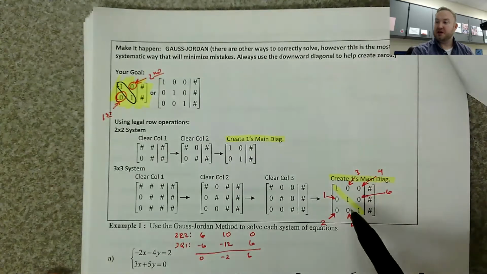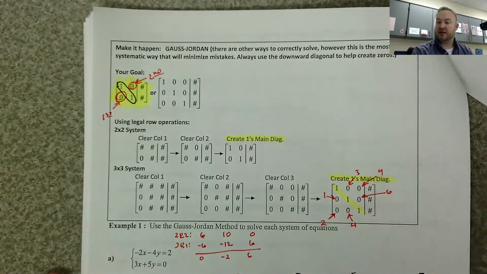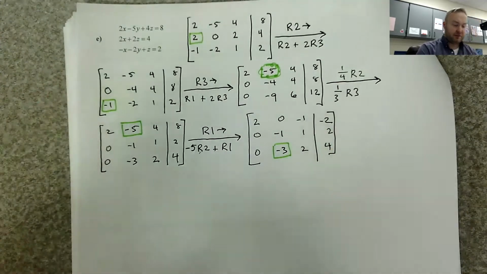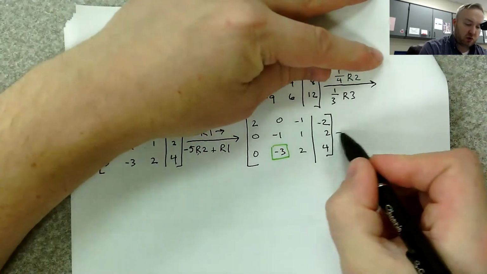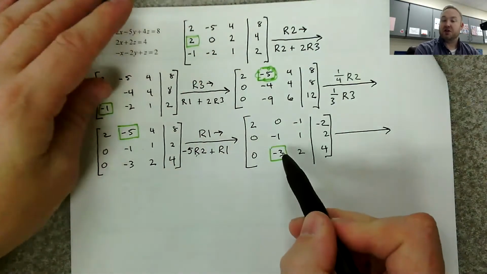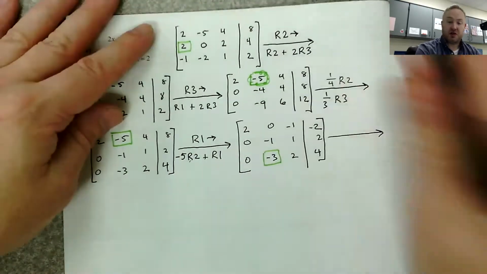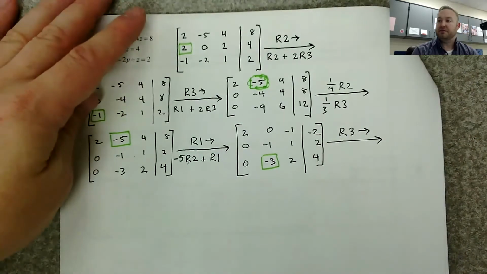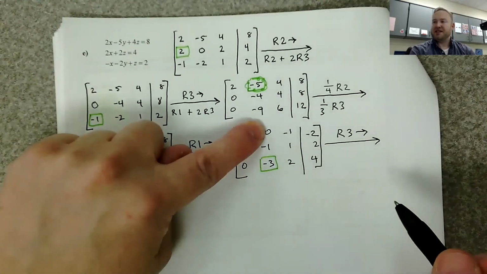Let's look at the next one that we're supposed to get. We got this 0. The next one we want to get is this 0 down here at the bottom of the second column. And so that's this guy right here. So let's think about what row operation would allow us to create a 0 in this position. So the number I'm trying to change is in the third row. So I'm going to change row 3. There's a 0 at the top. That's not going to be helpful.